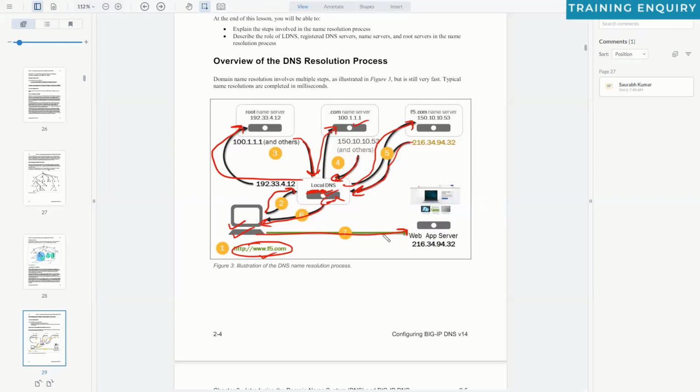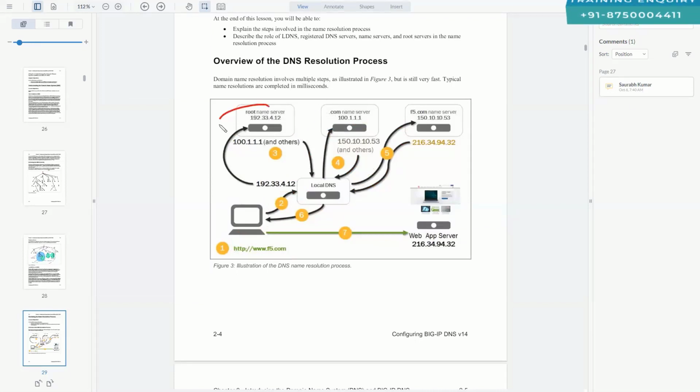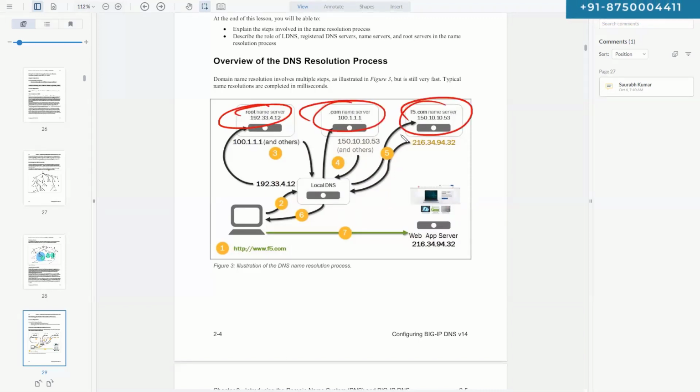Clear. All right. Now, obviously, in DNS we have some different terminologies as well. We covered a couple of terminologies, like what is root, what is TLD, what is subdomain, and what is local DNS.